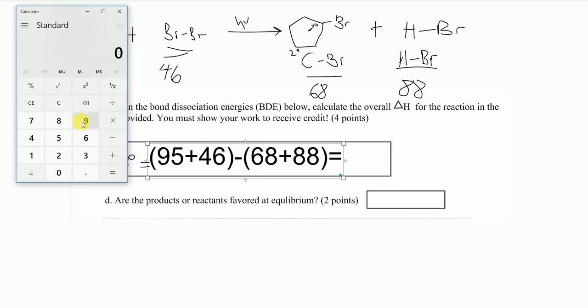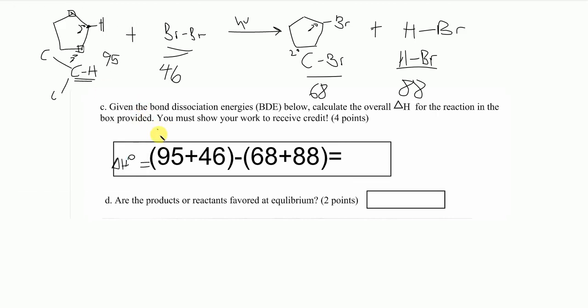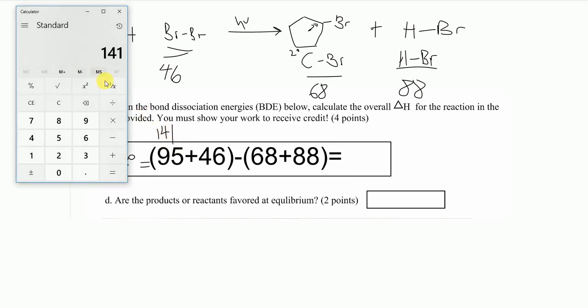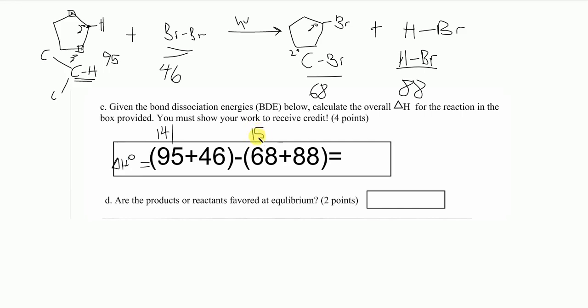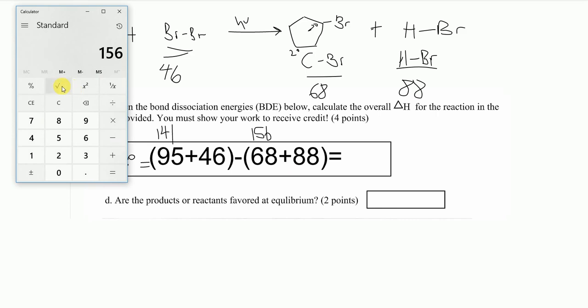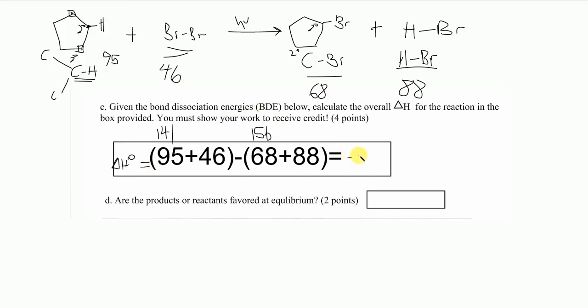So 95 plus 46, so this is 141. And then we have 68 plus 88. So this is 156. So I already know this is going to be a negative number, so 141 minus 156. So not that hard, but I'm doing it anyways with a calculator. I hate math right now. So negative 15.